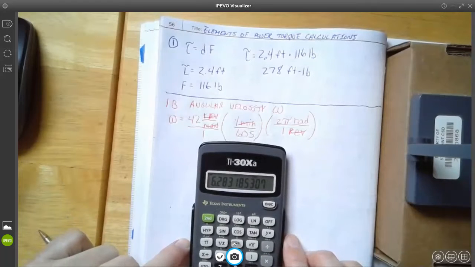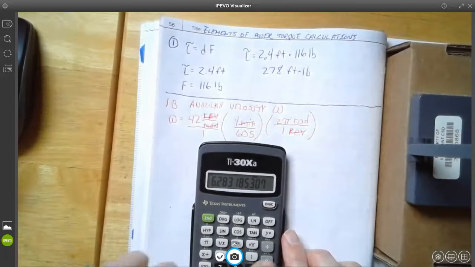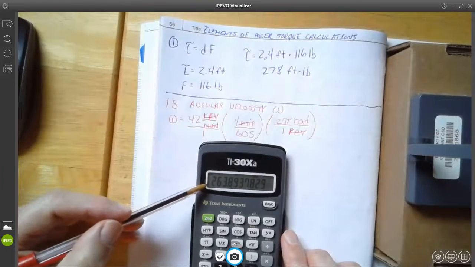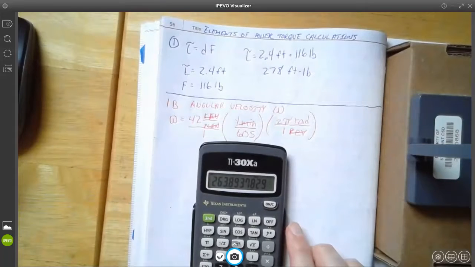Then I'm going to multiply that times 42, which equals 263 point all the rest of that. And then I'm going to divide that by 60.